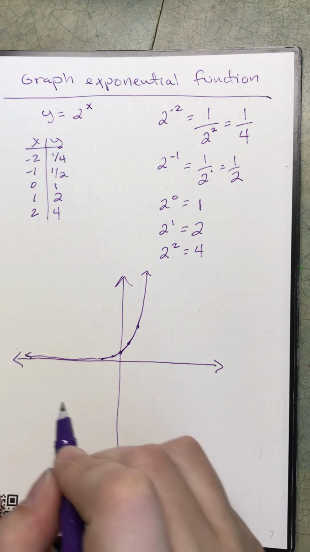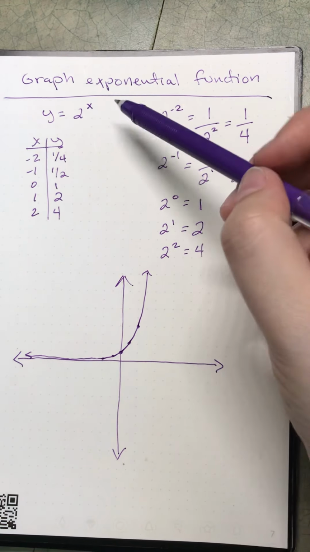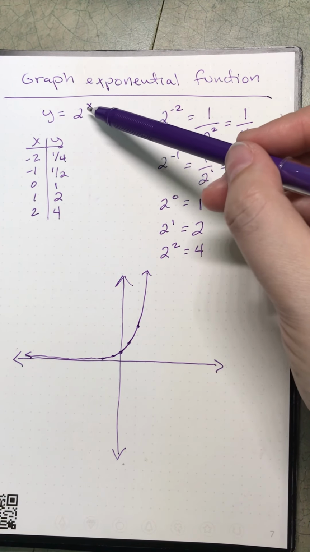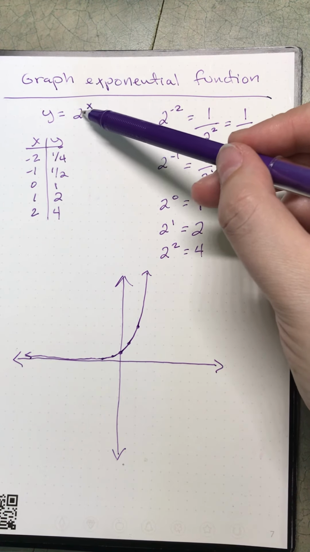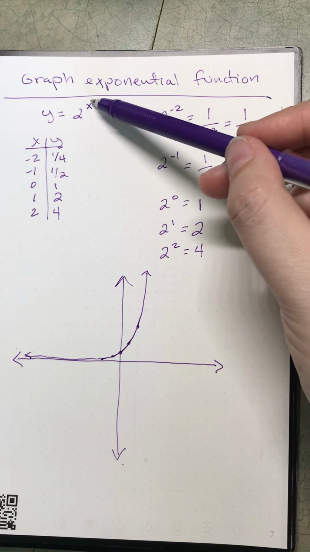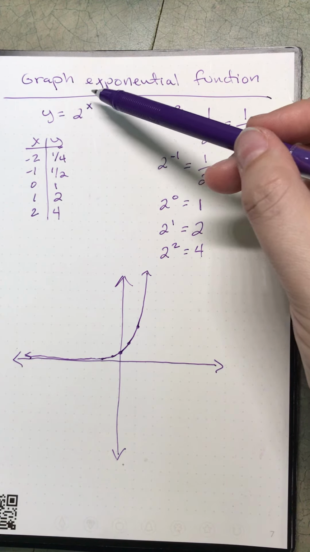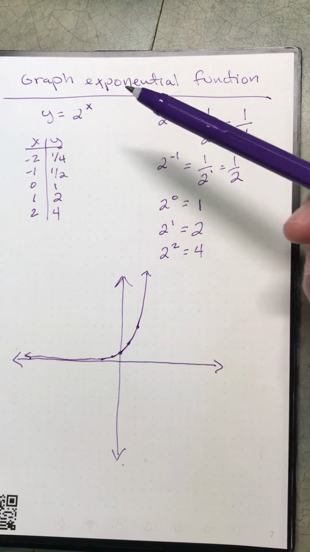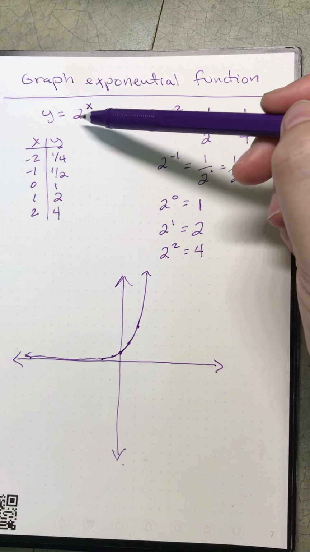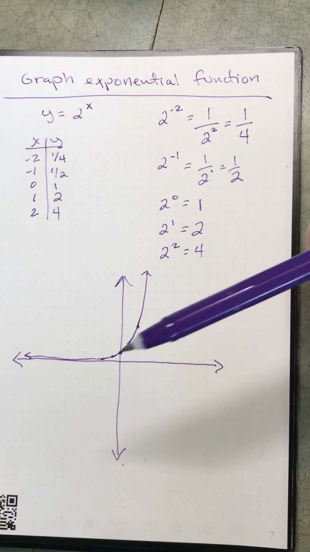and like this. Now thinking about this, 2 to the x power, there is no way that you could make this negative, right? There's no power that you can raise 2 to that's going to suddenly make it a negative number. There's no power that you can raise it to that's going to make it 0. It doesn't happen.